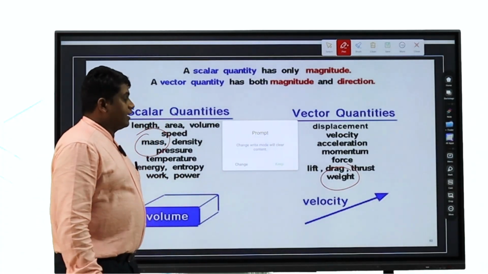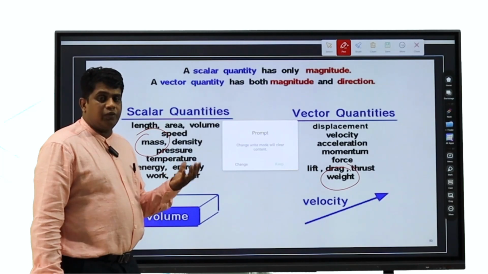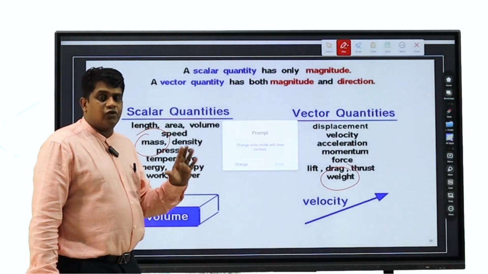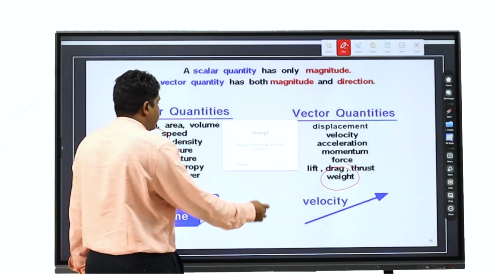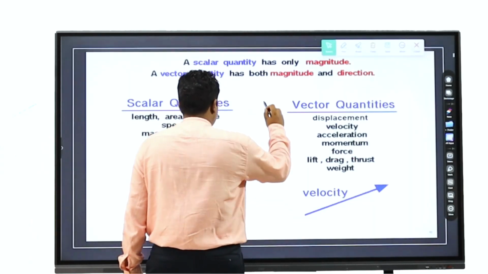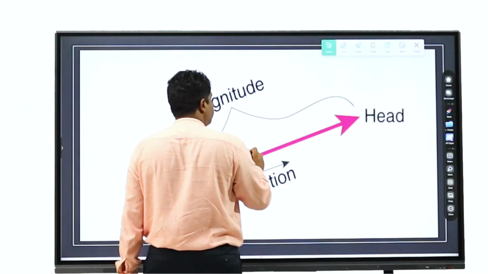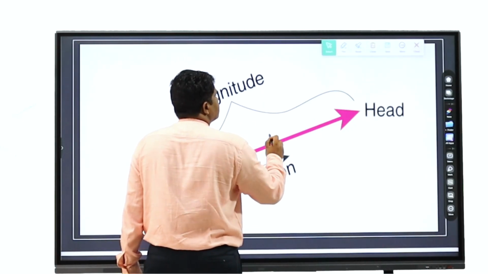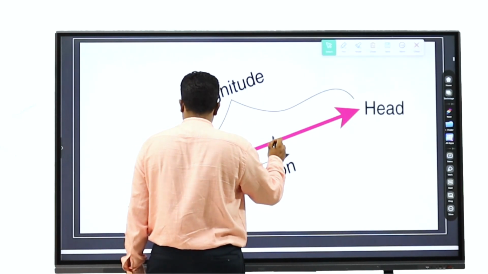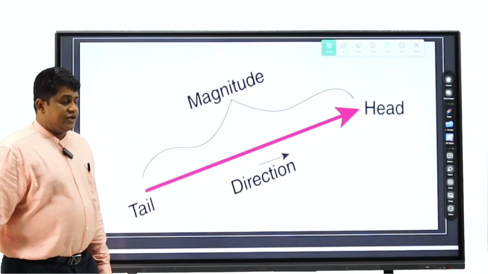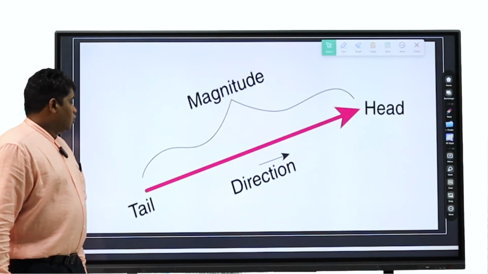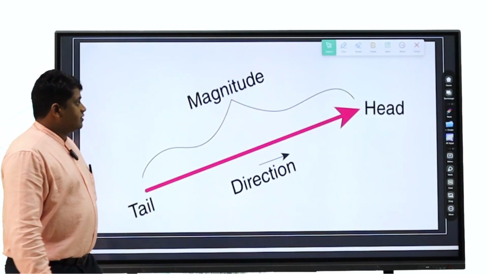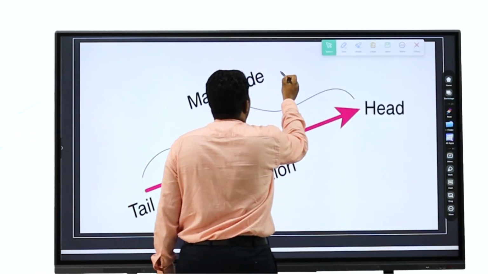A vector quantity has both magnitude and direction, but a scalar has only magnitude. Then we are going to discuss vectors. Look here, a vector is represented by an arrow.